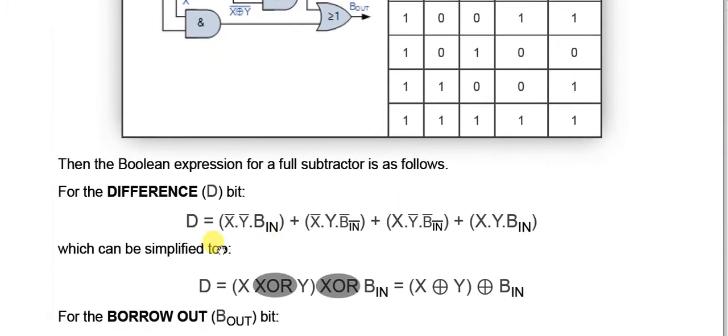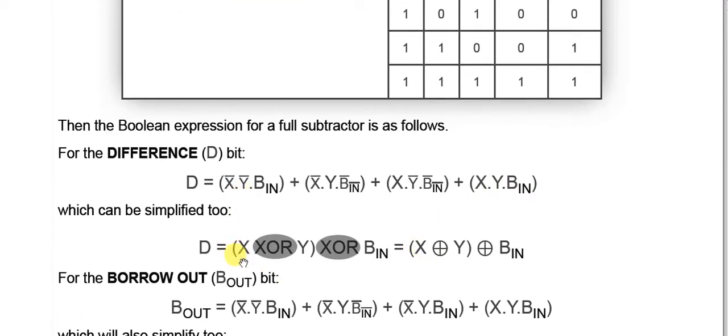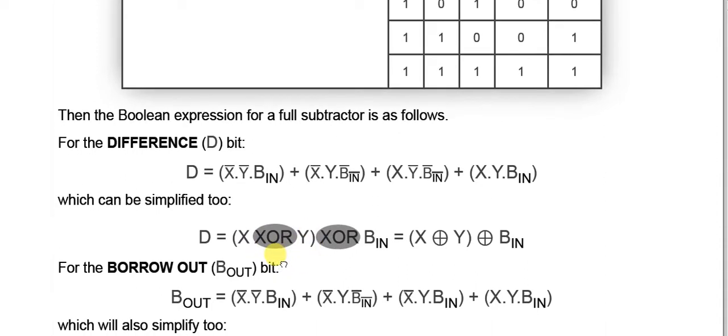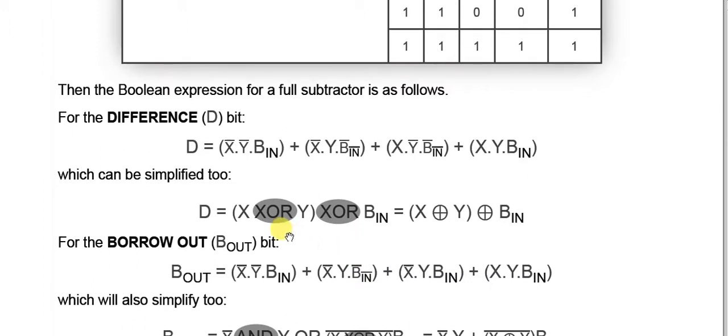This is X exclusive OR Y, and D can be simplified over here: X exclusive OR Y exclusive OR B in is equal to X exclusive OR Y exclusive OR B in. So D is given by this relation.